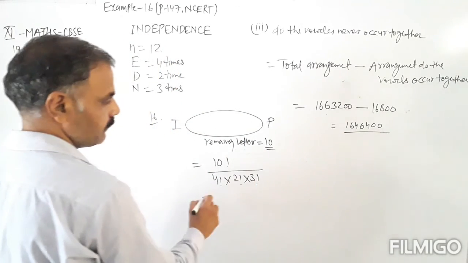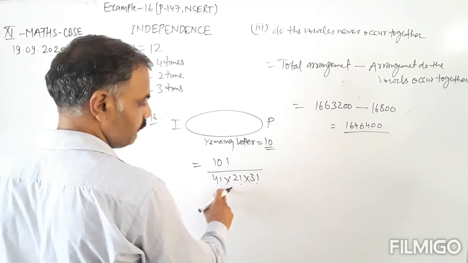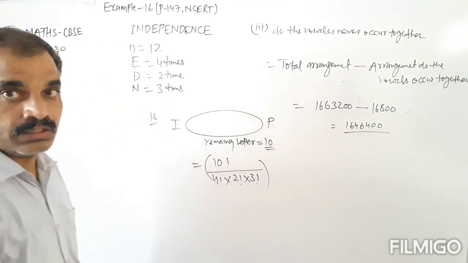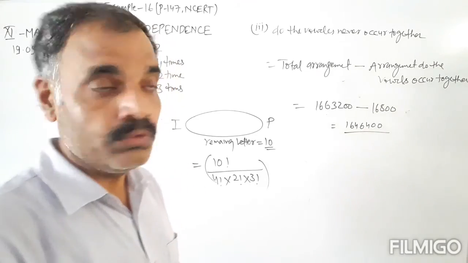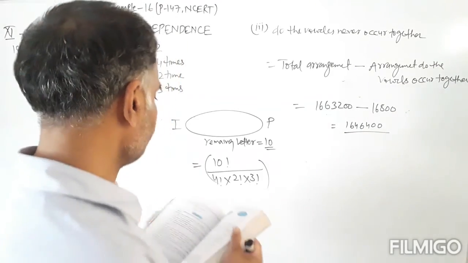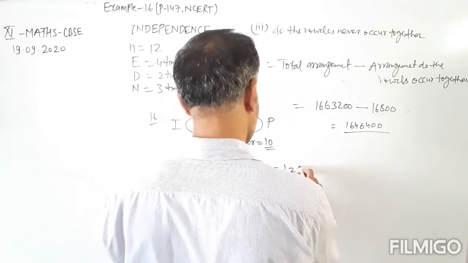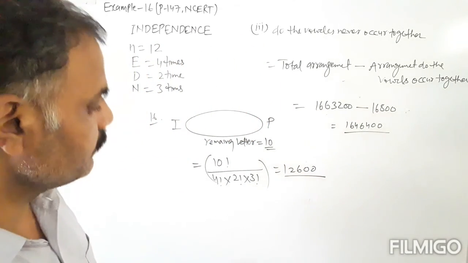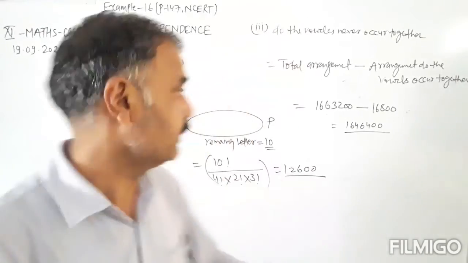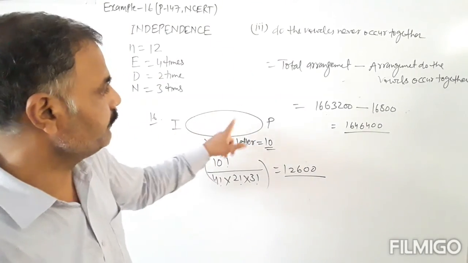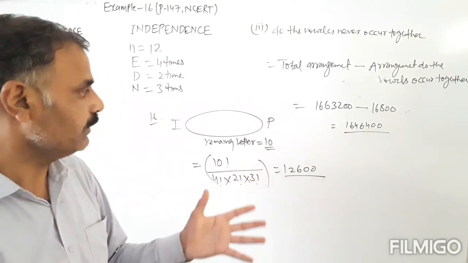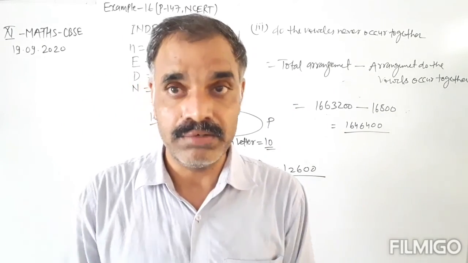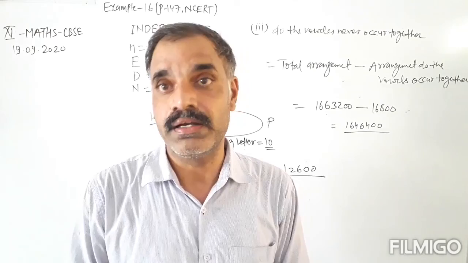So factorial 10 upon factorial 4 into factorial 2 into factorial 3. Solving this, we get 12600. So these are the total number of arrangements when the word starts with I and ends with P, when we fix two letters of the word independence.